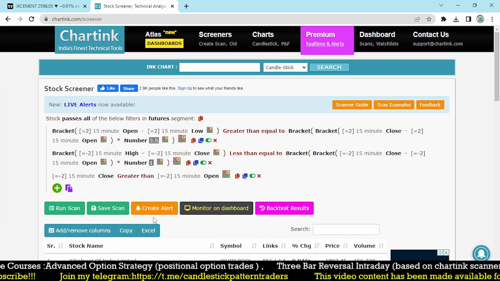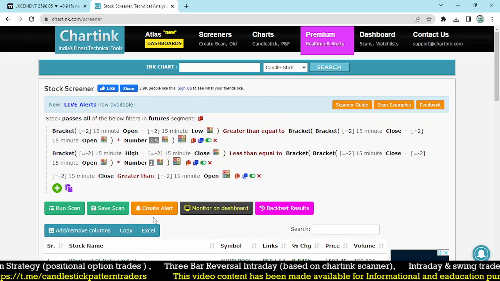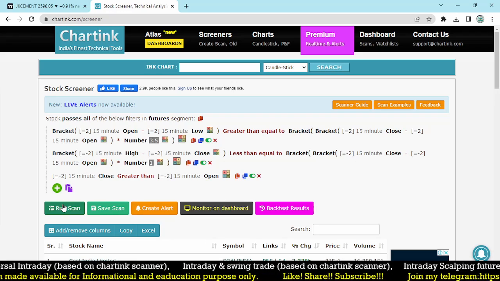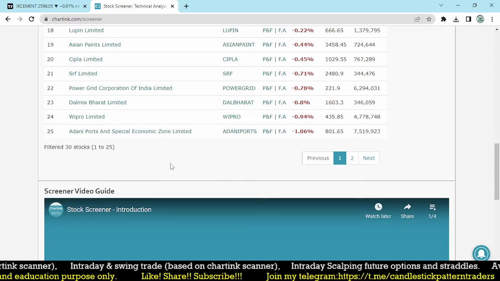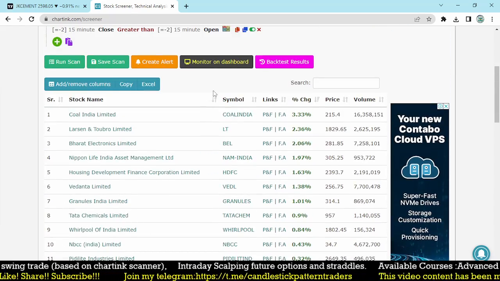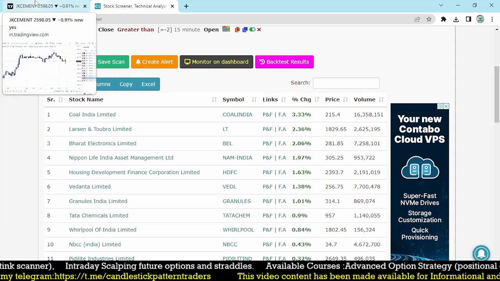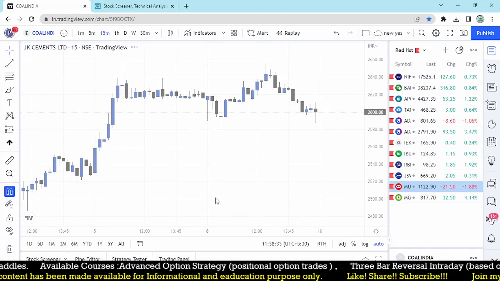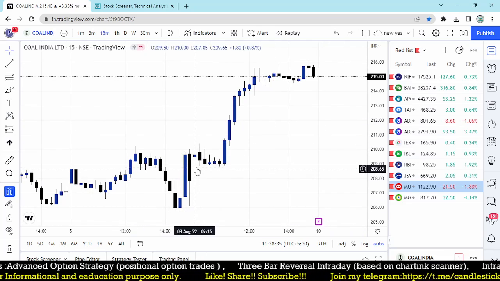So this code will find those stocks which form a hammer at the second candle. Oh, there are a lot of stocks which form a hammer at the second candle. Let me check Coal India. The second candle is also a hammer. How did it become that? Yeah, this is the second candle.